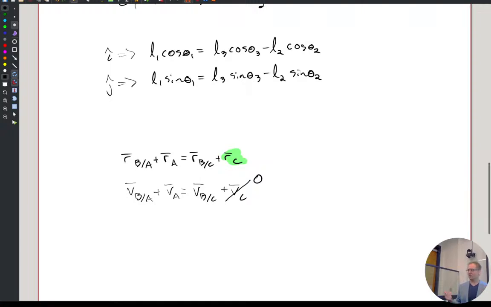However I define position, I can take derivatives of it, and now I've got constraints on velocity. And that works for acceleration too. You can take another derivative of acceleration. That one's a little weird. It's called the jerk of the thing. Usually it's just your professor who is the jerk, but you can also derive a jerk out of accelerations.